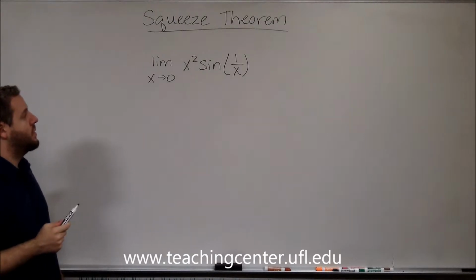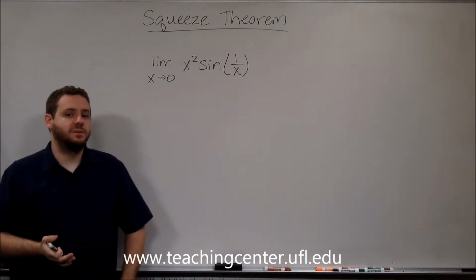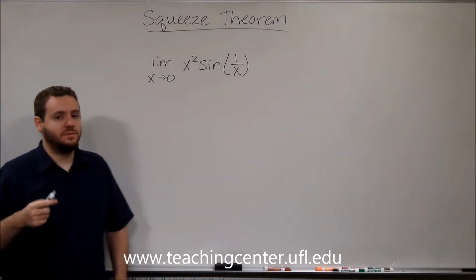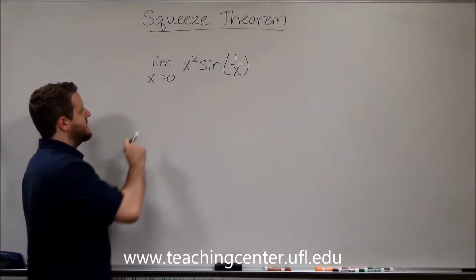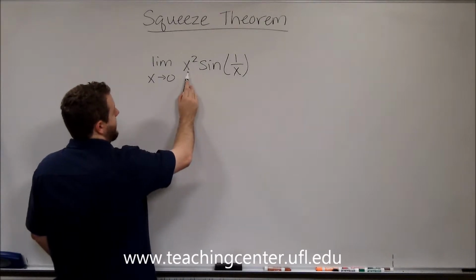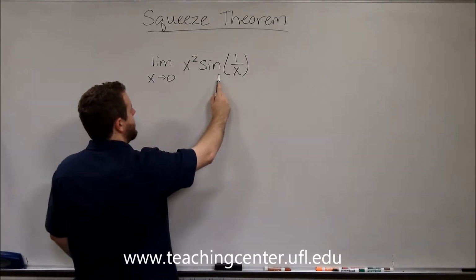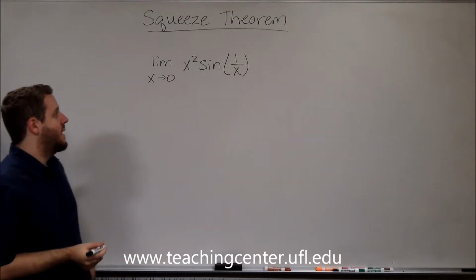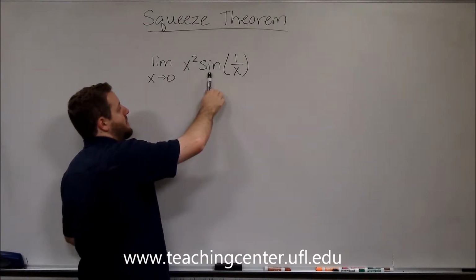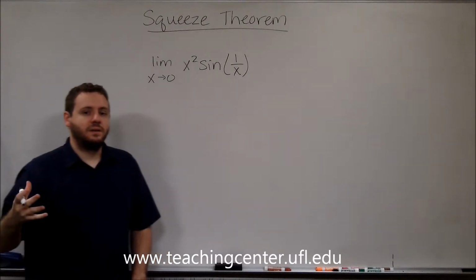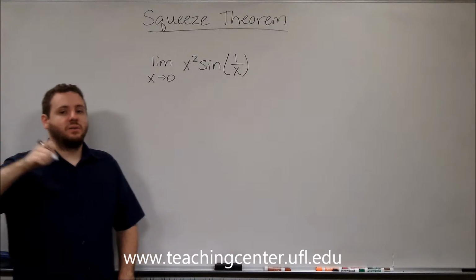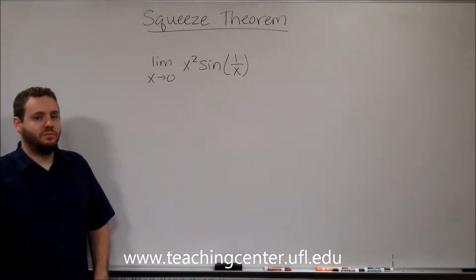The problem with just trying your direct substitution method here, and if you're unfamiliar with that, you can check out the evaluating limits video, is that this part would be 0, but when you divide by 0, you're essentially getting some type of infinity. And if you take sine as your inside goes to infinity, you're just constantly oscillating, because remember the sine graph just goes up and down between -1 and 1 forever.